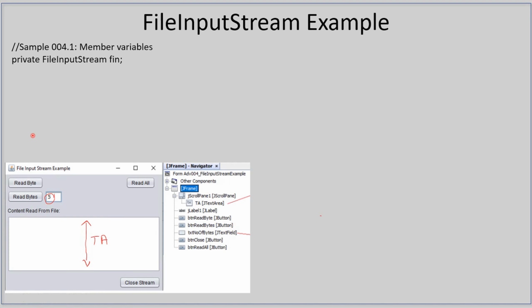So first we will declare a file input stream. Once the stream is there, then you can open a text file here. Actually, you can read any file. In our example, we are going to read the sample.txt, which we already showed in the previous slide.